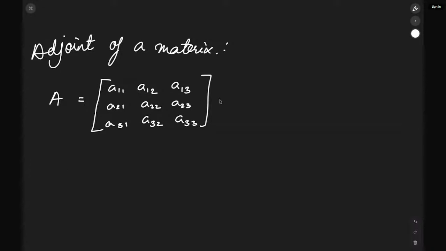And I'll write the determinant of this matrix as the determinant of this, a11, a12.